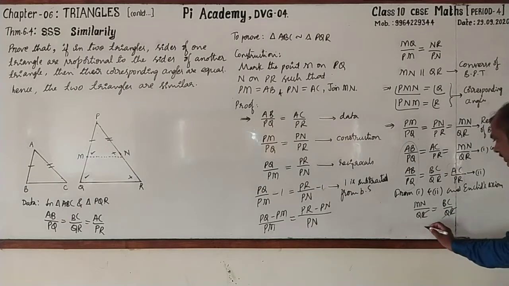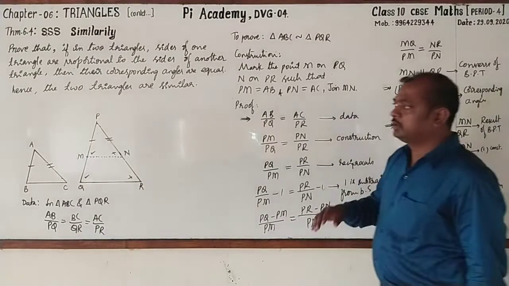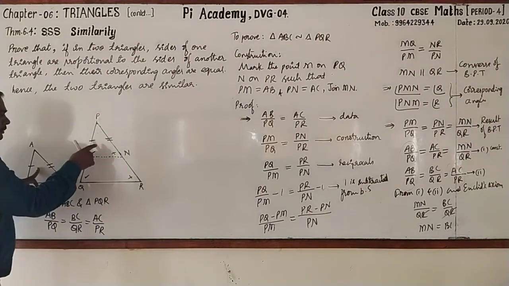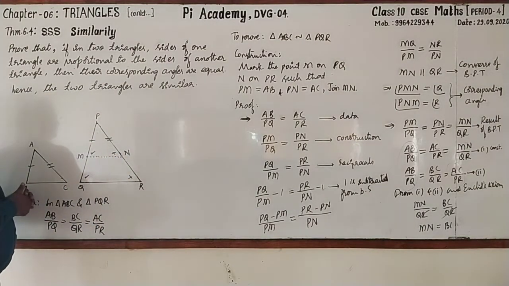QR gets cancelled. Now MN is equal to BC. Followed?